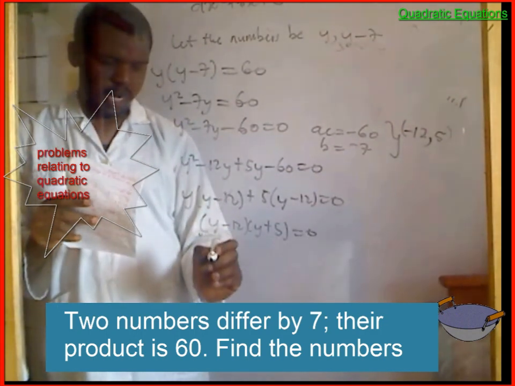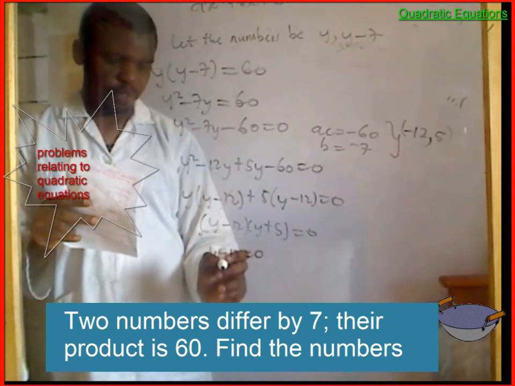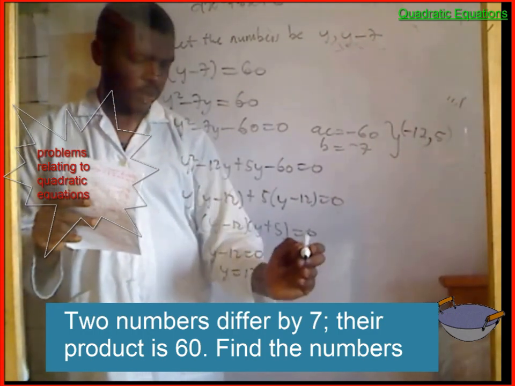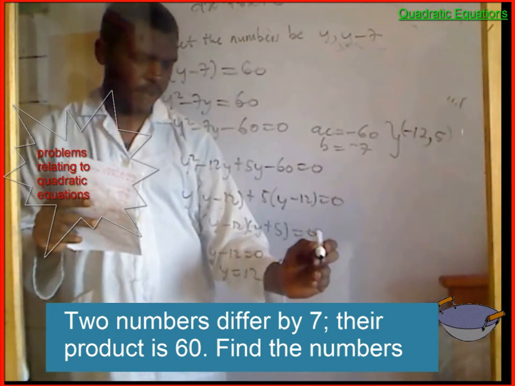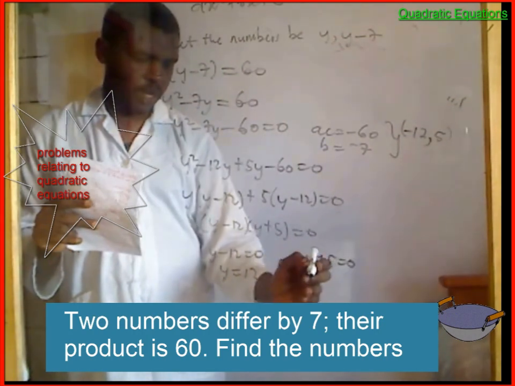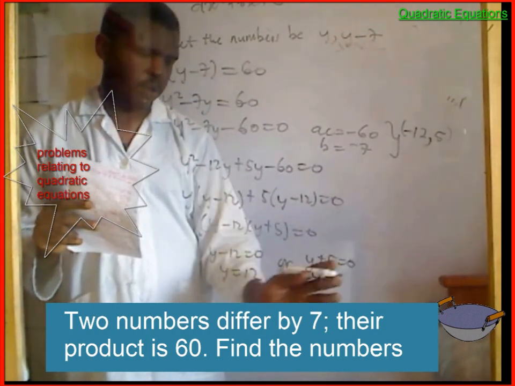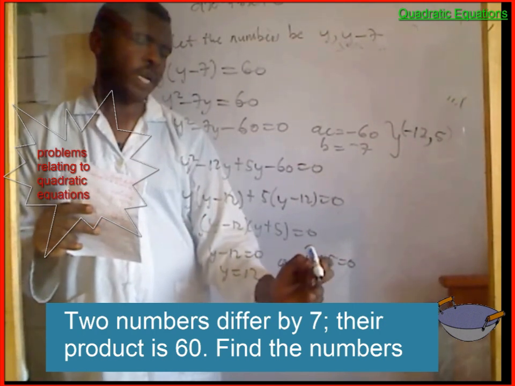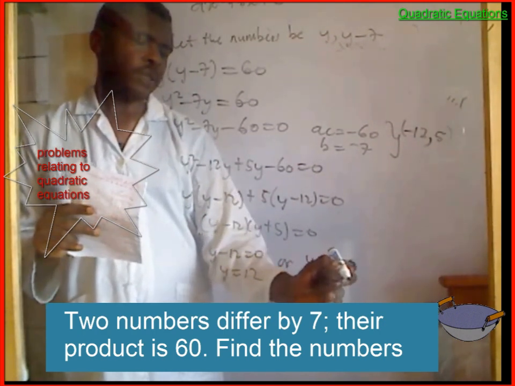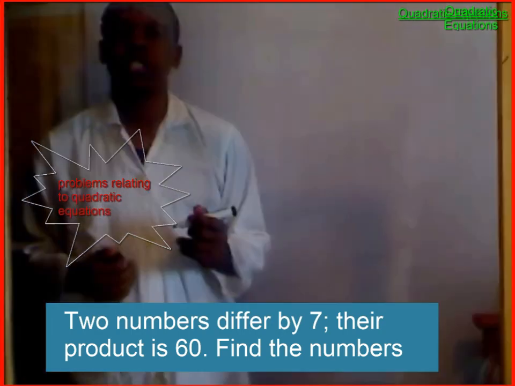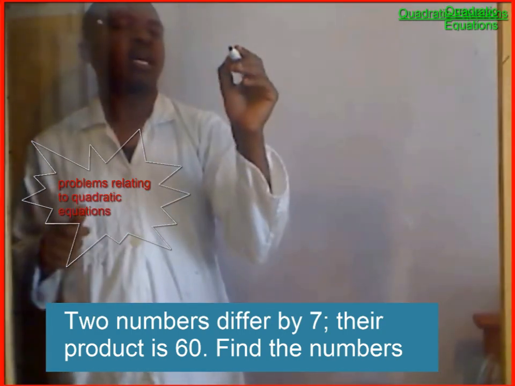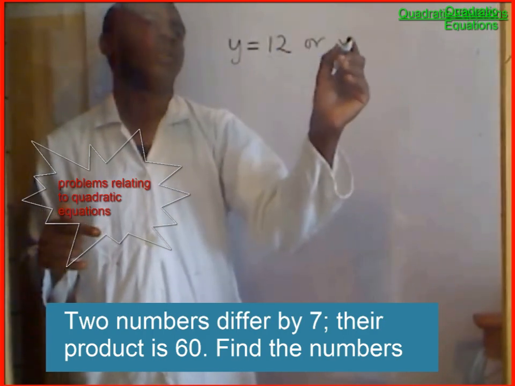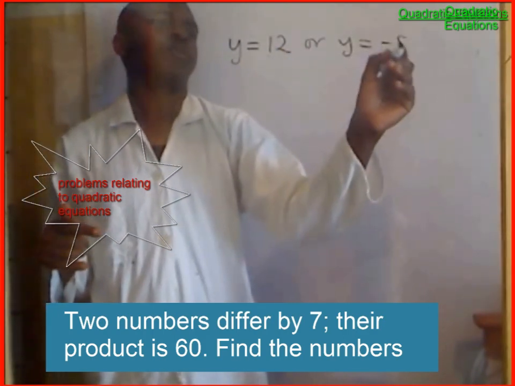So y minus 12 is equal to 0, which means y is equal to 12, or y plus 5 is equal to 0, which means y is equal to minus 5. Solving our quadratic equation tells us that y is equal to 12 or y is equal to minus 5.